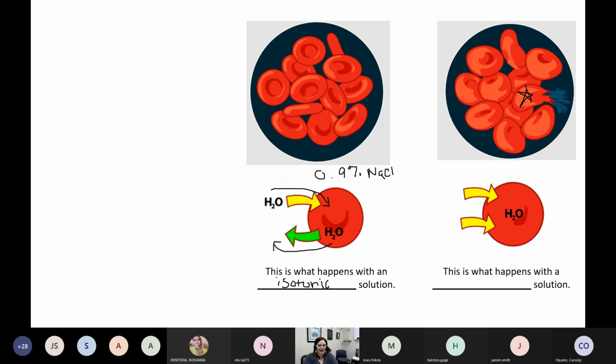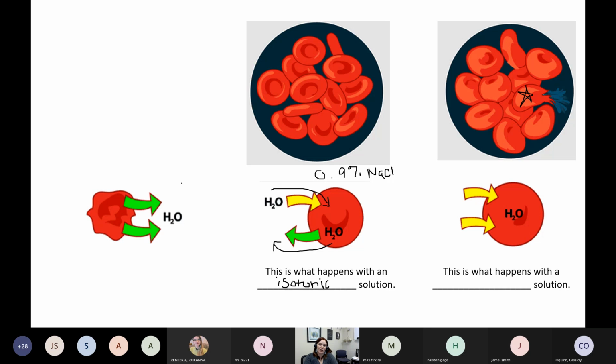Well, here, let me show you my other option and see if that helps us, because we keep going back and forth. The other option would be we put our cell in a solution where there's less water outside. The water that's inside the cell wants to leave to go dilute it.